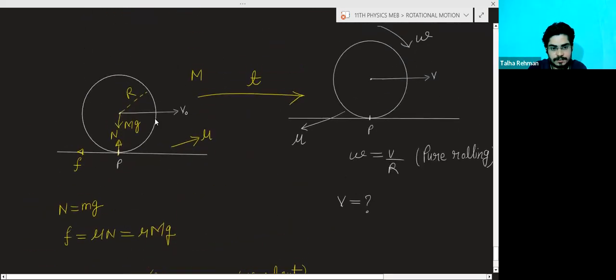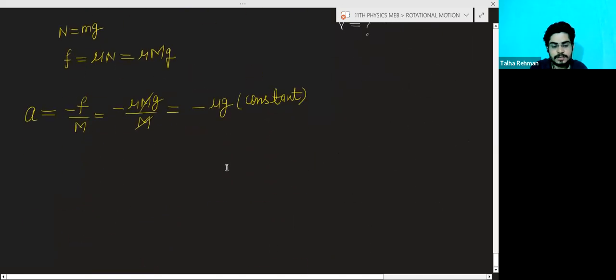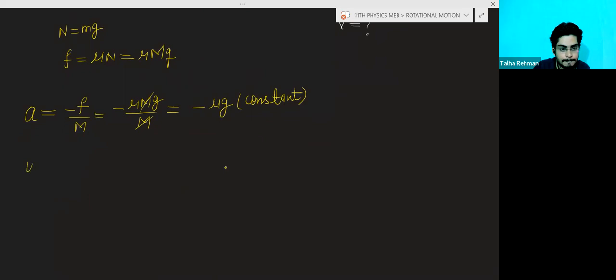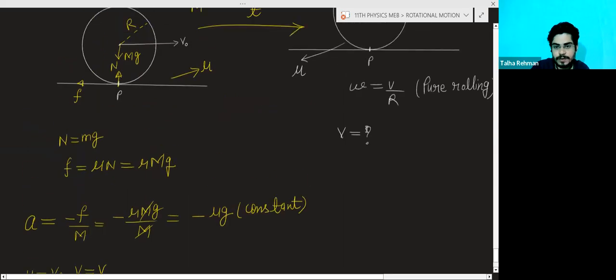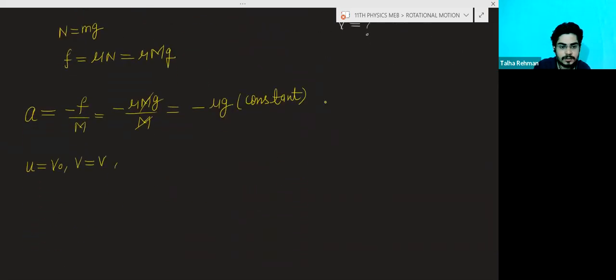So what is the initial velocity of this body? Initially, this body is moving with v naught, so the initial velocity is v naught. Final velocity is v. And acceleration is minus mu g, and time is t.